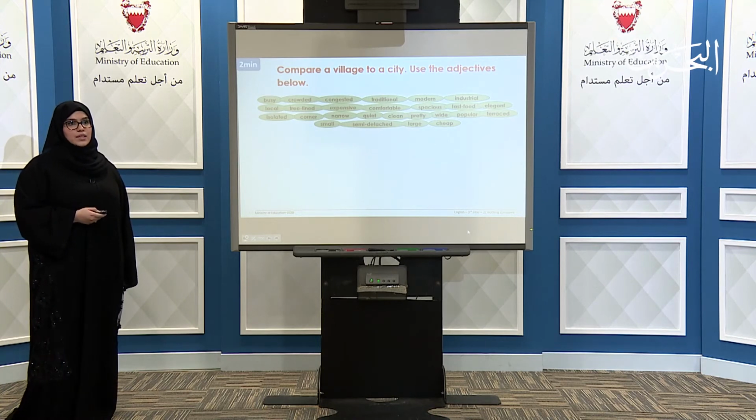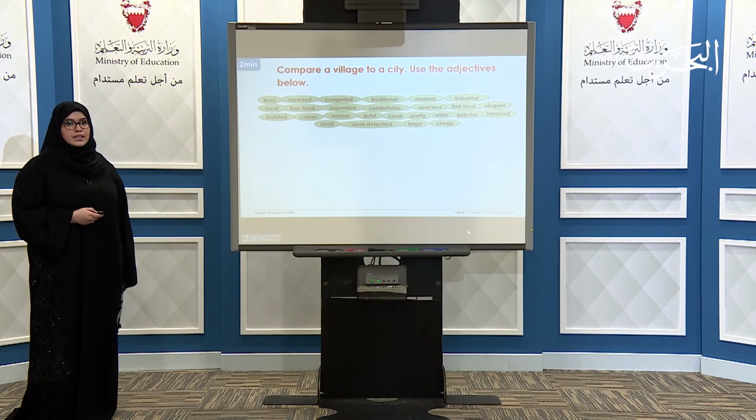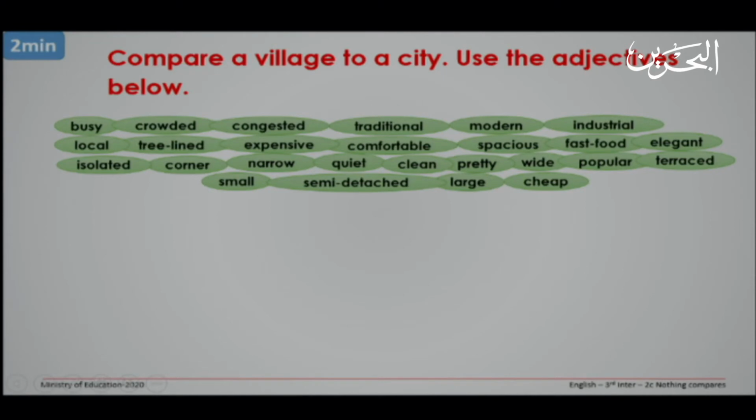We have busy, crowded, congested, traditional, modern, industrial, local, tree-lined, expensive, comfortable, spacious, fast food, elegant, isolated, corner, narrow, quiet, clean, pretty, wide, popular, terraced, small, semi-detached, large, and cheap. You have 2 minutes to write as many sentences as you want using these adjectives.